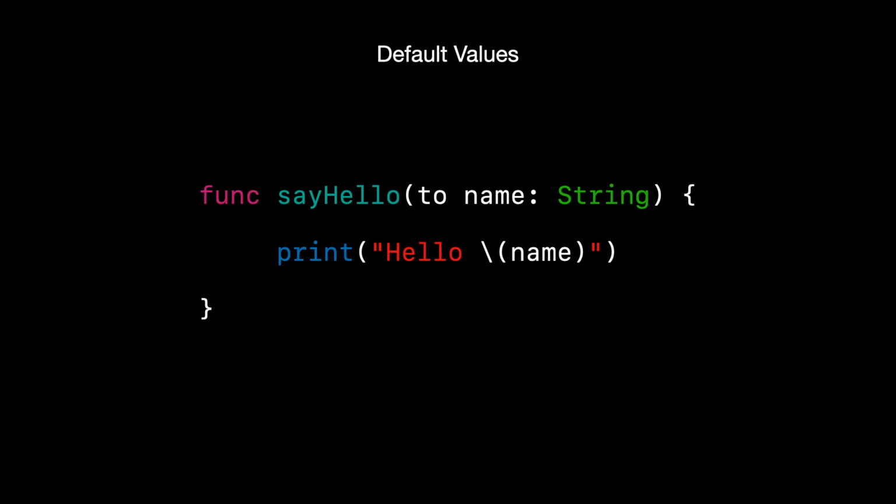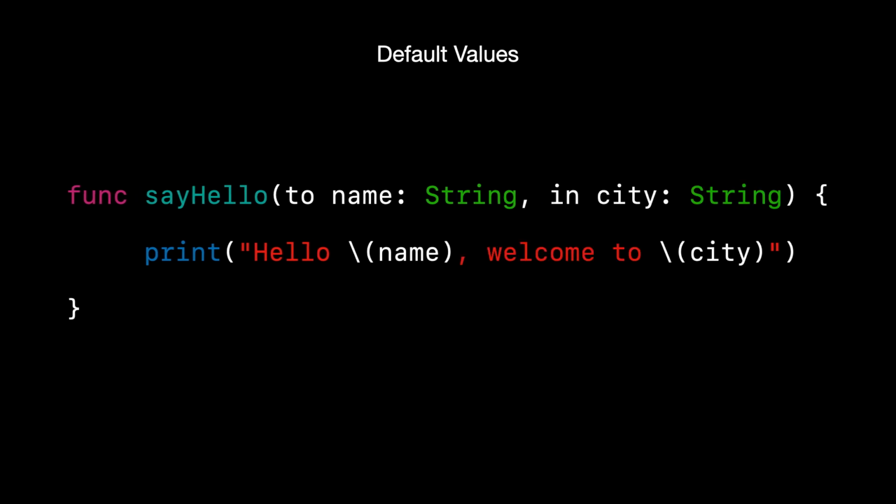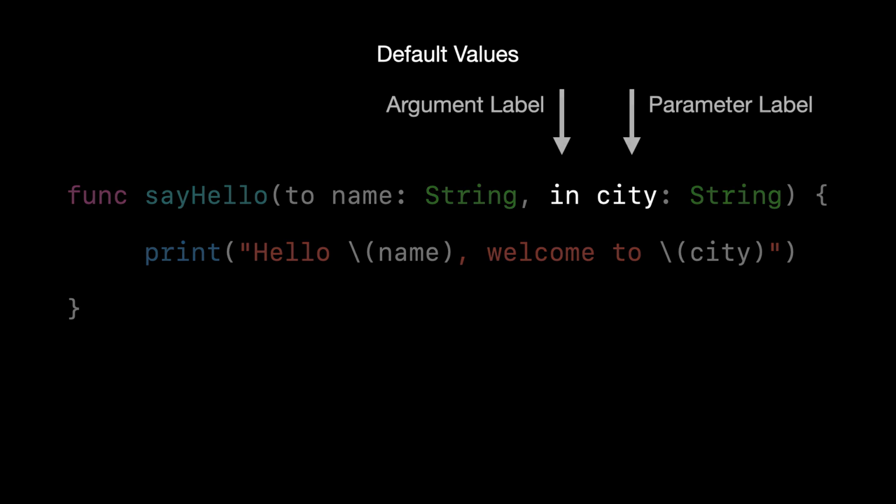Now let's talk about default values. We're going to add another parameter to our sayHello function. This parameter will be a string, and it will represent a city. Now we'll change the body of our function to use this new parameter. Notice the parameter name is city, but I also gave it an argument label of in.